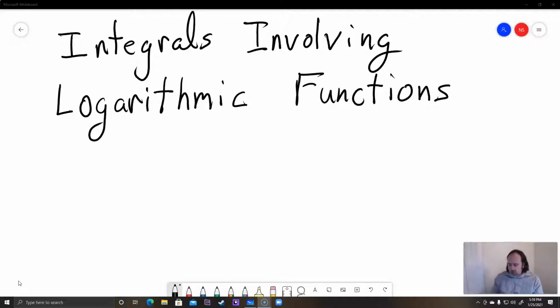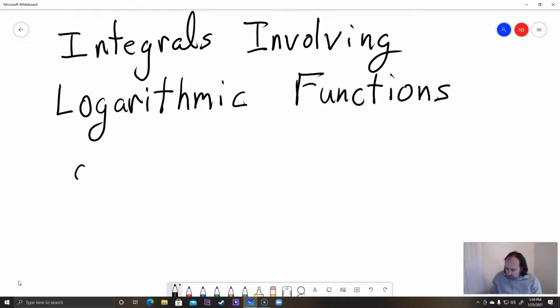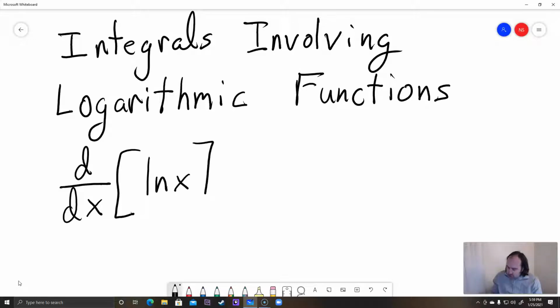In a previous lesson, we talked about the derivative of natural log of x. We know that the derivative d dx of ln of x is equal to 1 over x. Now the thing about derivatives and integrals is that they're inverse operations.